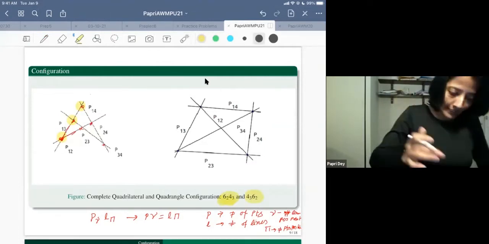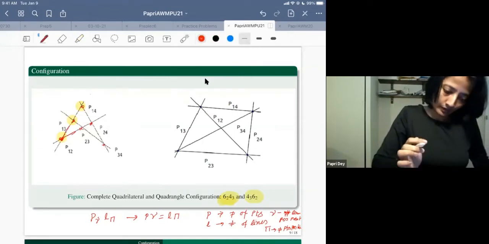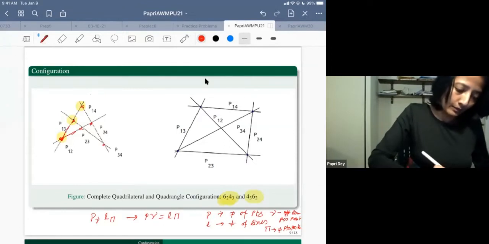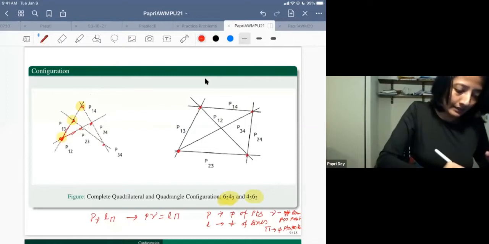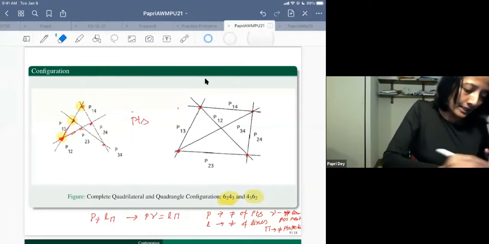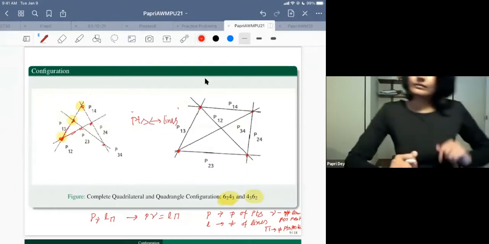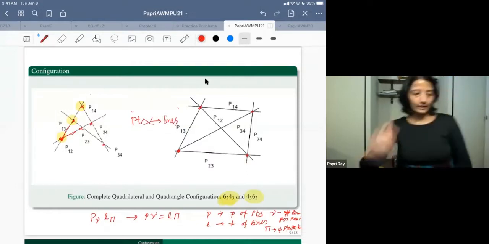You have 4 lines and 4 points. I'm sorry, 4 points, which are these points, and 6 lines. Our P1,2 line, they have become points here. I'm sorry, other way. Points in the picture have become lines.